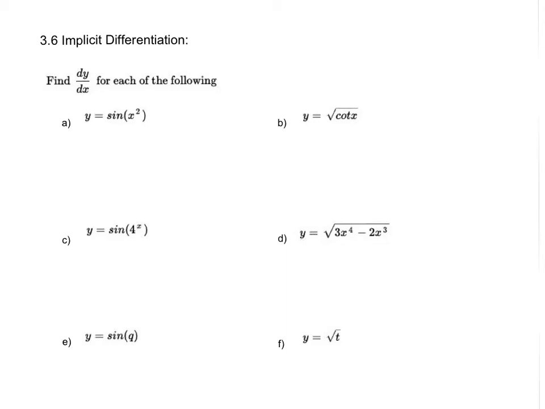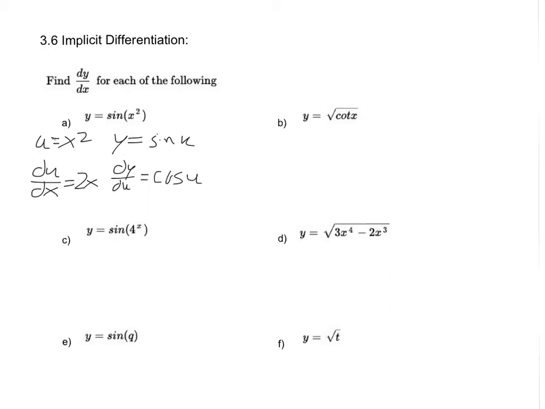Okay, so start with the inside part, that's u. u equals x squared, outside part y equals sine of u. Take the derivative of each of those, writing it in our Leibniz notation: du dx is 2x, dy du is equal to cosine of u.